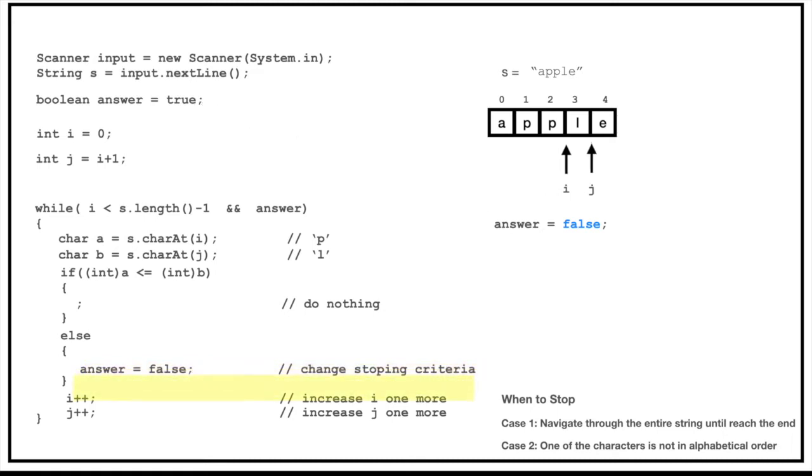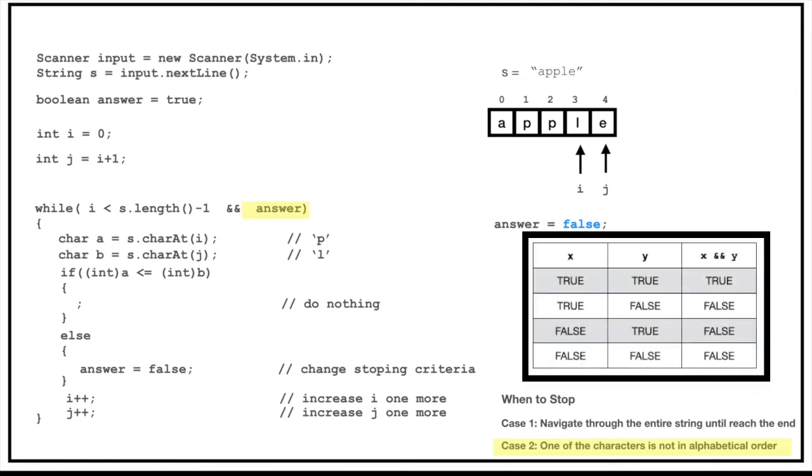Of course, we keep moving to the next statement. This is irrelevant at this point because when we go back to this condition, the answer is already false. And you know that by logic, by using truth tables: the statement I less than s.length minus 1 is true, and answer is false, as you can see here. True and false is false.